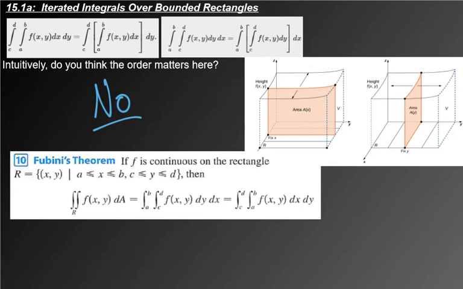Basically, the idea is if you integrate dx, dy, you are just doing all the x stuff first, okay? Actually, this one over here would be my dx, dy. So this right here, you can think of that integral as an area integral.